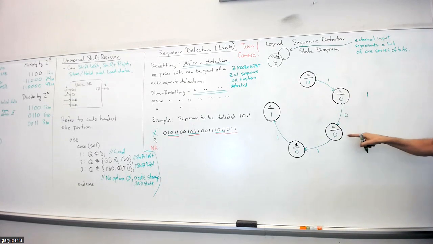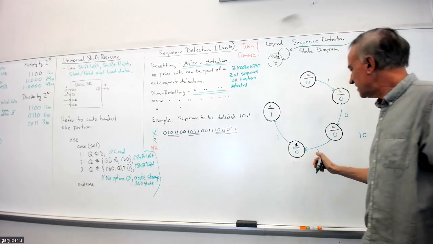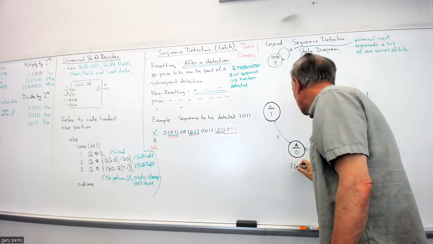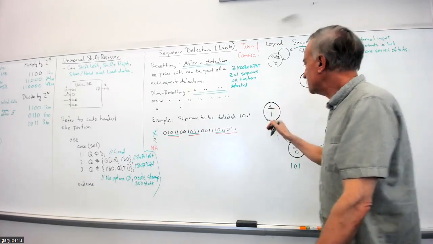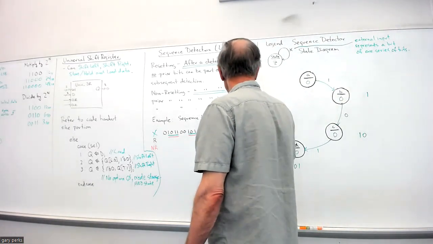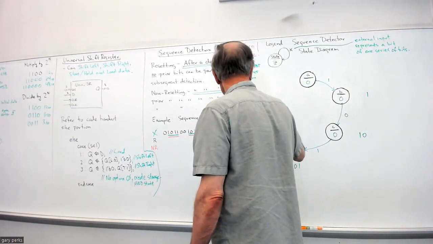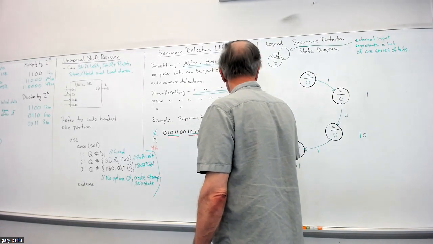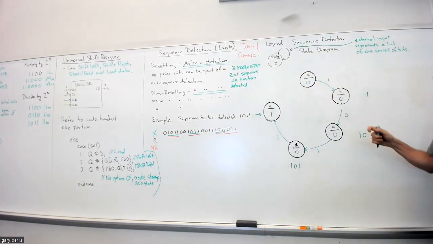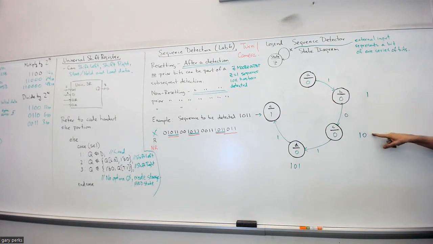To get to state C, we needed a 1, 0. And to get to state D, we needed a 1, 0, 1. And then obviously to get to state E, you need the total sequence, the 1, 0, 1, 1. Like I said, writing down what you need to get to a particular state is not necessary, but I think it's helpful for a lot of people.